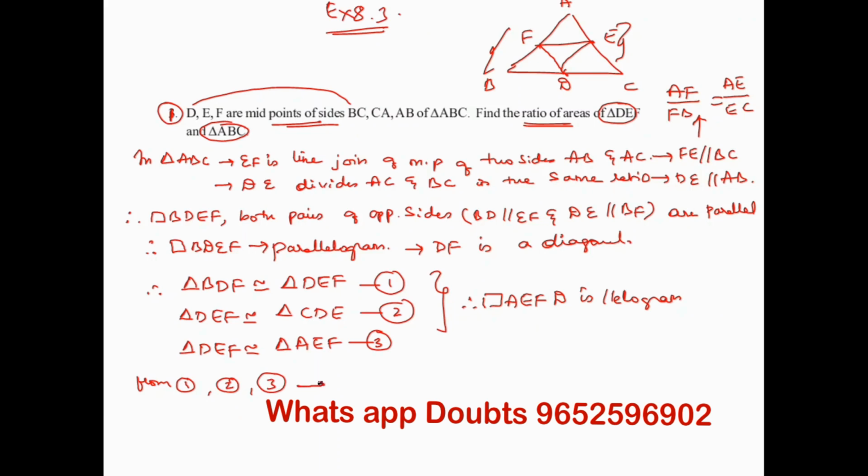If I look at this, all these are from triangle ABC. That is, I can say that triangle ADF is equal to triangle DEF, and this is again approximately equal to triangle EDC, and also equivalent to your triangle BDF, right? So this is clear.